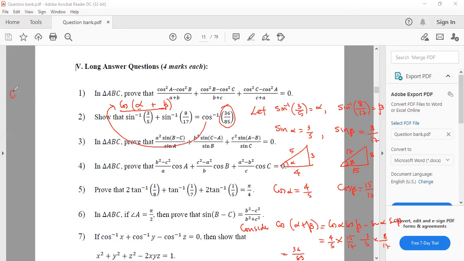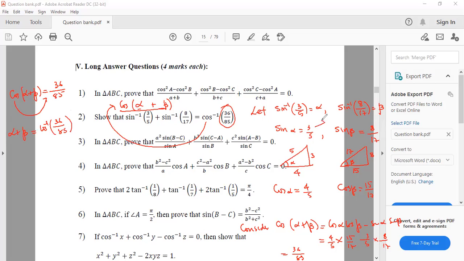So you will write cos of alpha plus beta is 36/85. उसके बाद ये cos को इस तरफ लेके आएगा. Alpha plus beta is cos inverse 36/85.